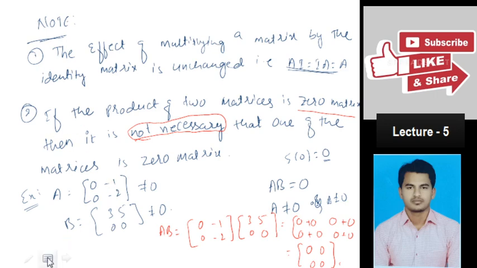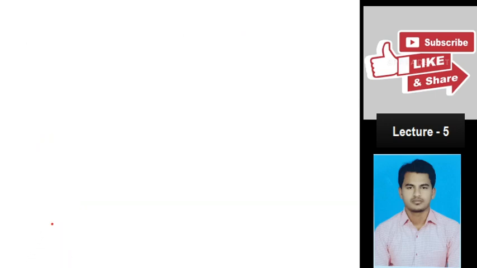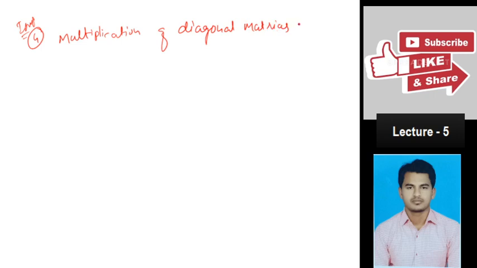Next, fourth, the fourth note, most important for CET purpose, multiplication of diagonal matrices of the same order.